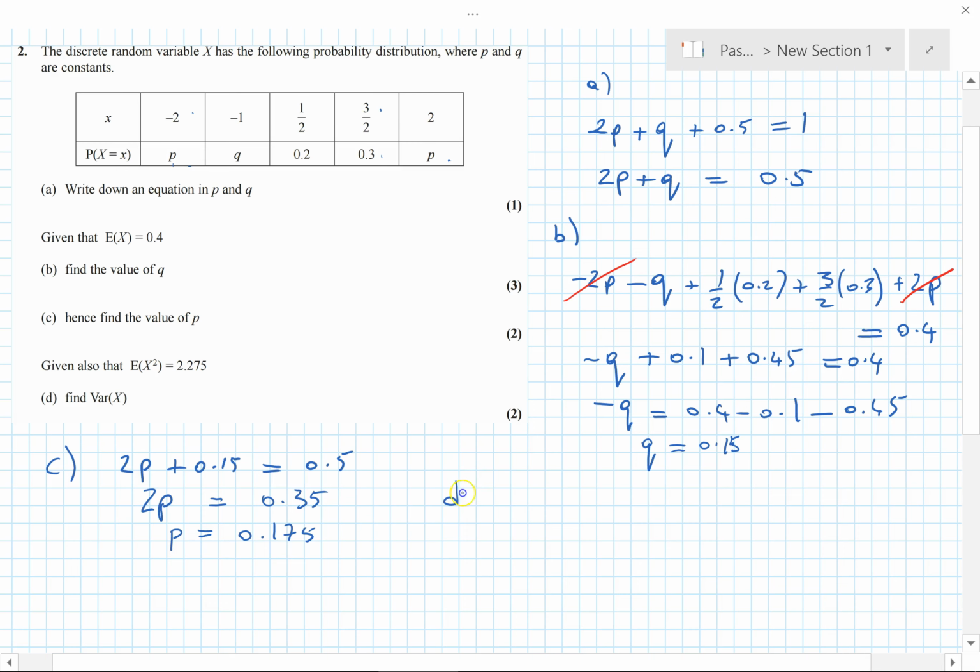Okay, so part D, there is a formula for the variance, or Var(X), which is the mean of the square minus the square of the mean. Good way of remembering this.